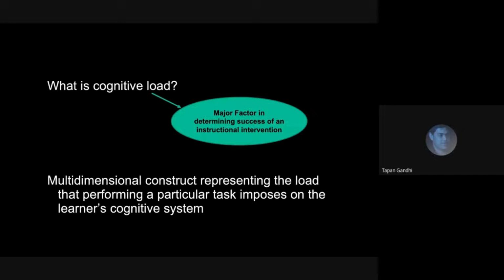Which one do you have to focus on, and what do you aim for, right? The major factor in determining the success of an instructional intervention is the cognitive load. That's why nowadays, when people are developing learning material, they always focus on the cognitive load.